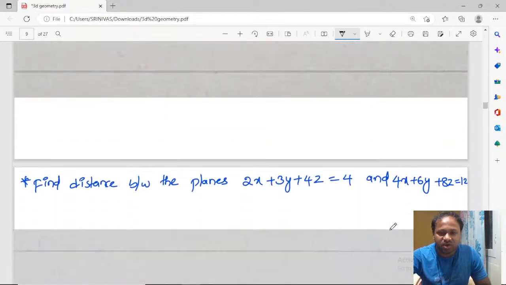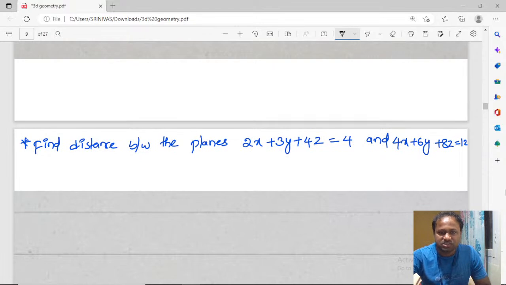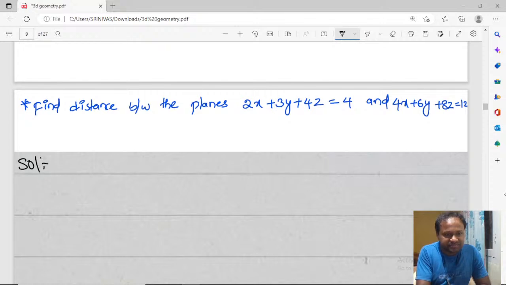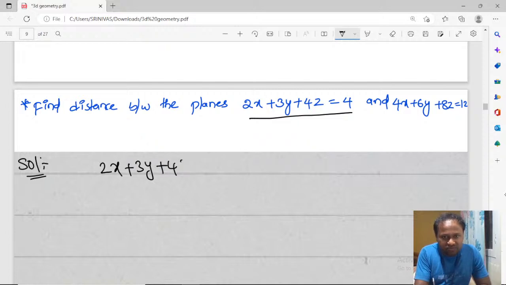Next, let us move to another problem. This is the most important problem. See this. What is given? Find the distance between the planes. This is the first plane: 2x plus 3y plus 4z is equal to 4.